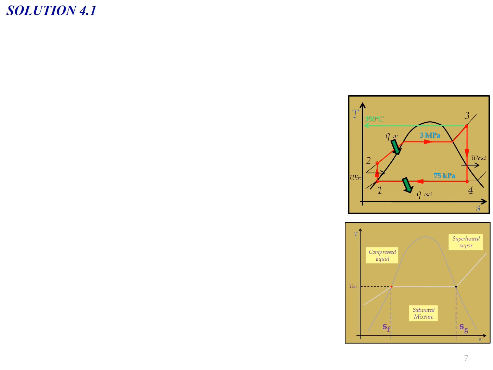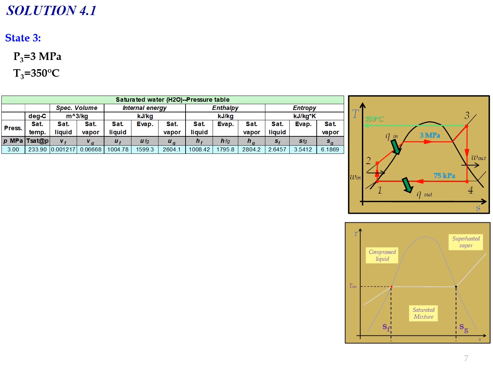Now for state number 3, look at the data given. We know that P3 equal to 3 megapascal, and we have additional data given in the question, where T3 equal to 350 degrees Celsius. For the water table, at least you need to have 2 pieces of information. In this case we already have 2, so we can determine the phase and then use the specific table of water. First, in order to check the phase, we need to refer to the saturated water table and find the value of T saturated.